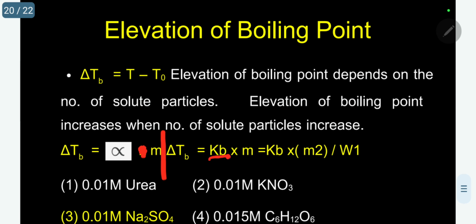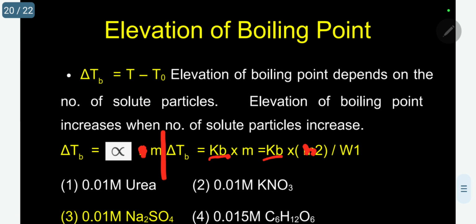Kb is the proportionality constant, or molal elevation of boiling point constant. Then what is m? That is N2 by W1.